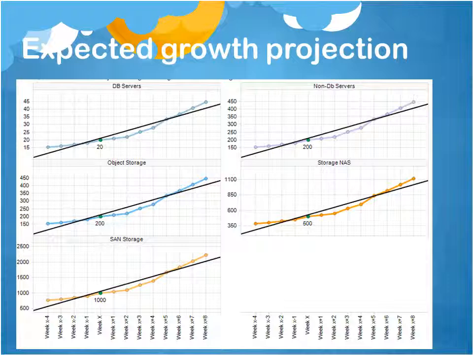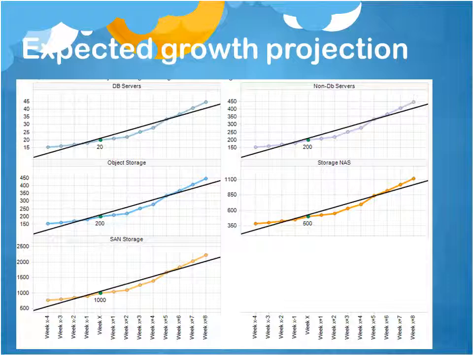This slide describes the increase in the number of servers, in terms of infrastructure, that we have been facing the last 5 weeks, and the projection for the next coming 8 weeks. As you can see here, we have identified the following server types: the database server, the non-database server, the object storage, NAS storage, and SAN storage.